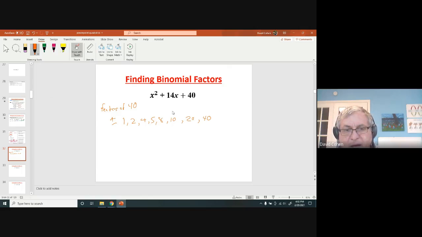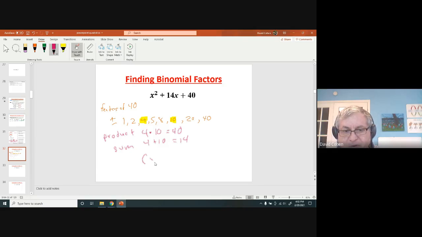Hopefully I got them all. And I'm looking for something that adds up to 14, but also multiplies to 40. So in thinking about that, since I can use two positives and I need something that multiplies to 40 and also adds to 14, the product will need to be 4 times 10, and the sum will need to be 4 plus 10.